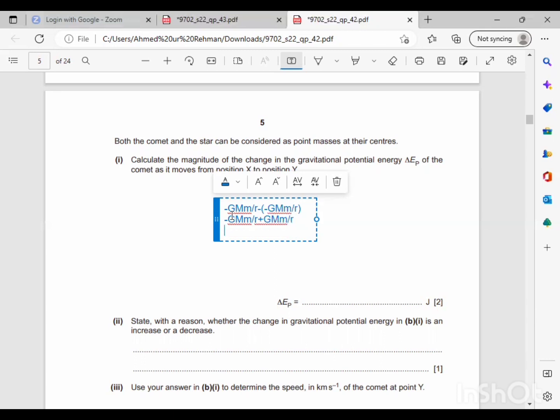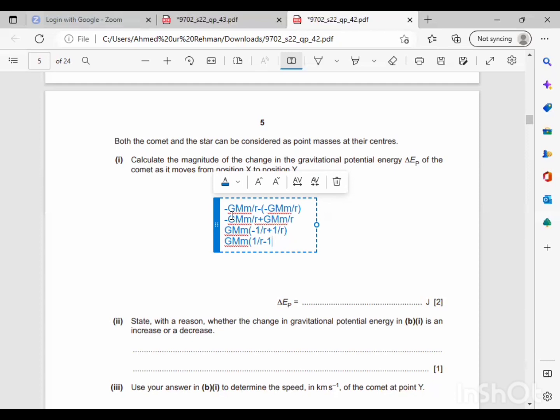So I can take GMm common. And now what I'm left with in the bracket is minus 1 upon r plus 1 upon r. I can also write it as GMm into 1 upon r minus 1 upon r, right?